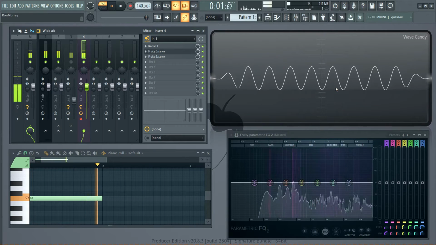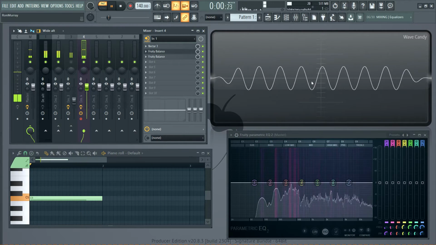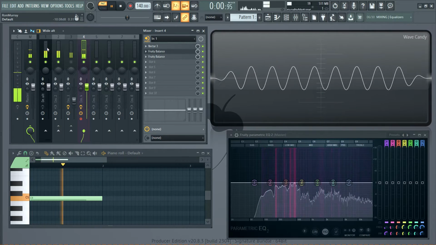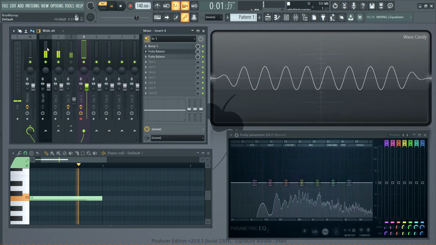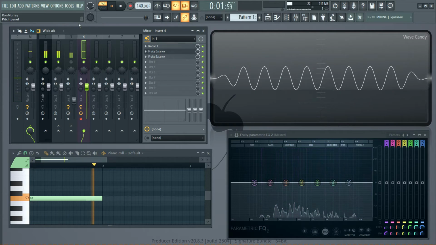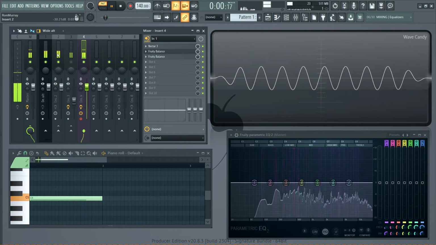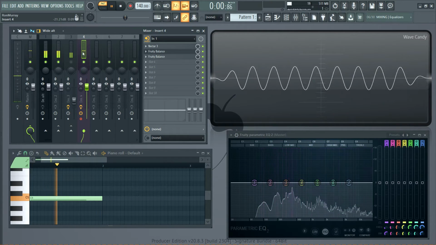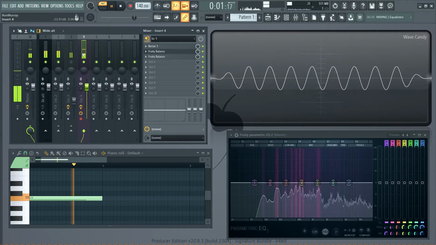Now, if you were to invert the phase of the sine wave, to demonstrate this, I have two sine waves. Well, actually, it's one that's feeding into a second channel, and then they're both summed together in channel 3. Channel 4 is my voice, so that's pretty cool.